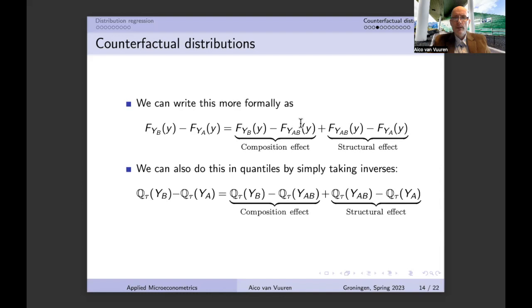That means, of course, that the difference that we have over here is only related to characteristics. Here we have the distribution that is still determined by the characteristics of the B population. However, this distribution is related to the characteristics of the A population, but the payments are still the same. That means, of course, that this difference is related to the characteristics. We usually call that a composition. That's the reason why we call this the composition effect.